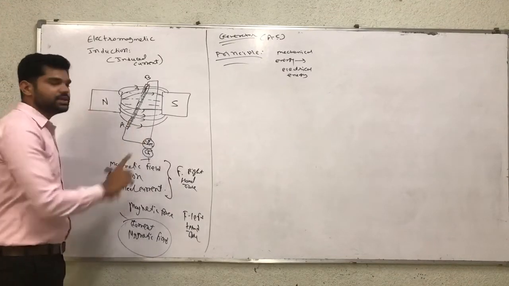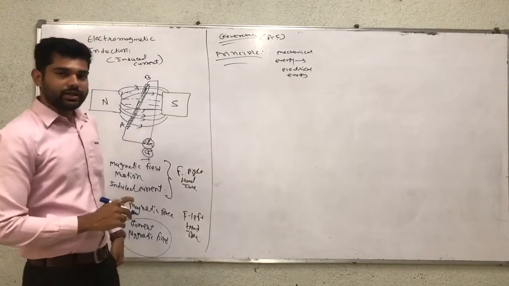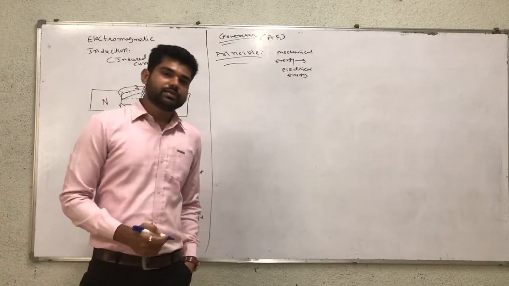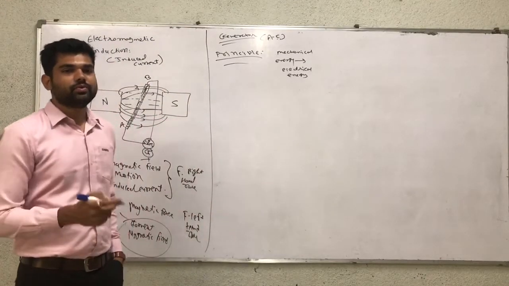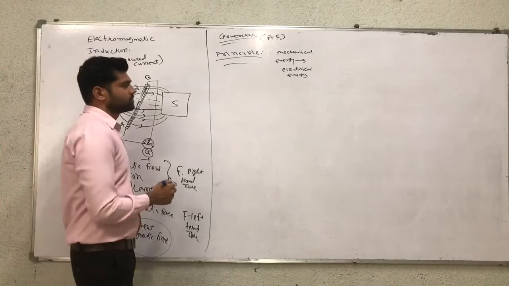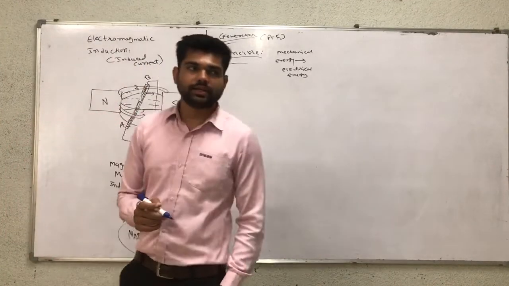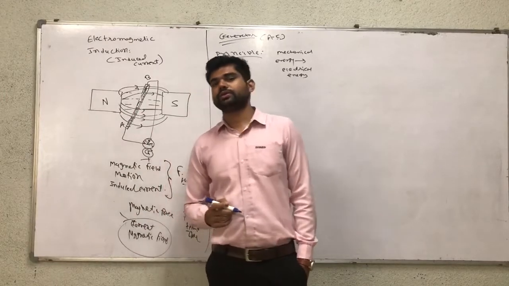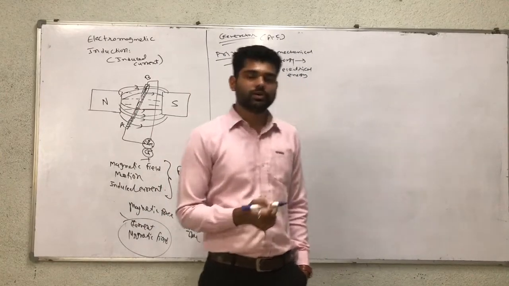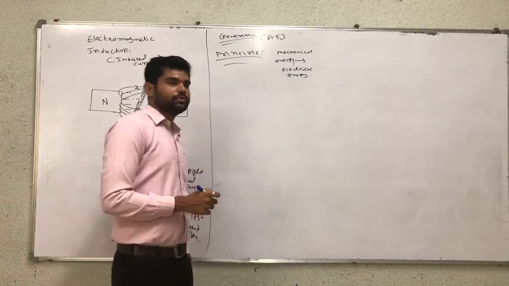The wire is rotated easily using turbines etc. The relative motion of the conducting wire produces induced current, so its name is induced current.